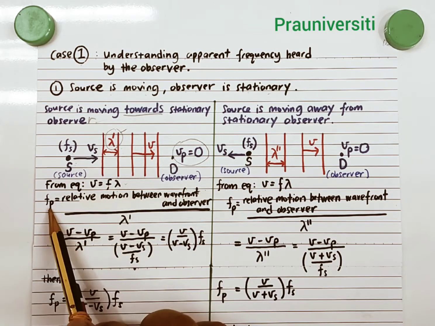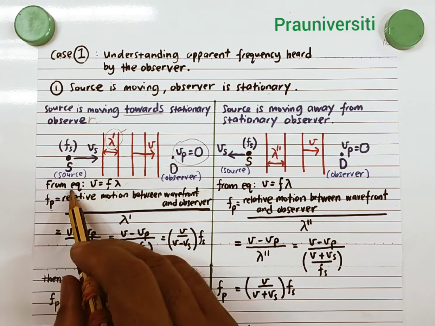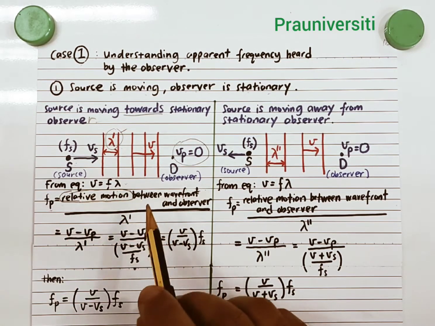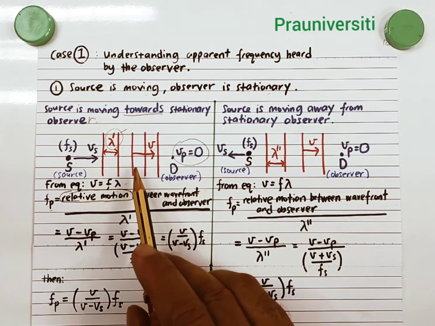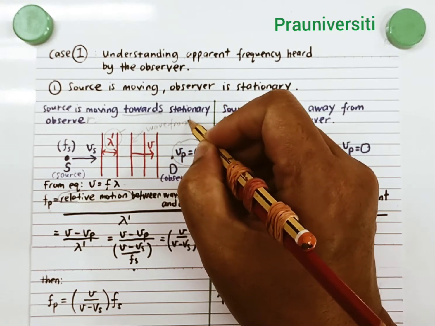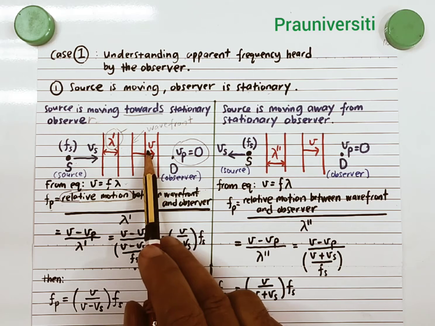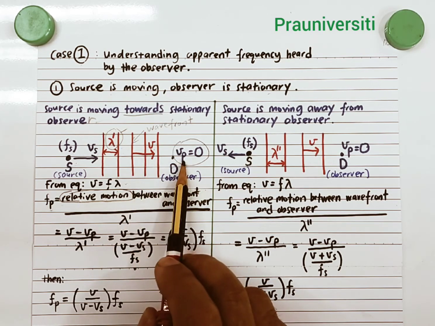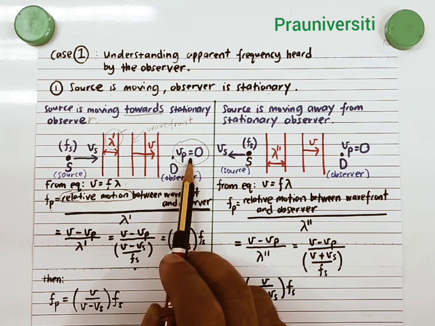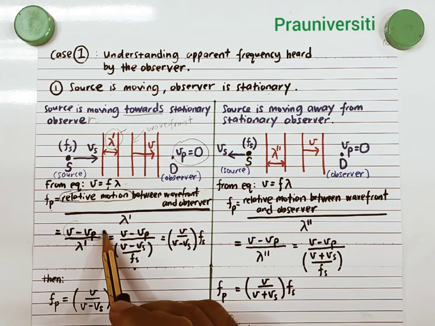Fp is the apparent frequency, which is equal to the relative motion between the wavefront and the observer.